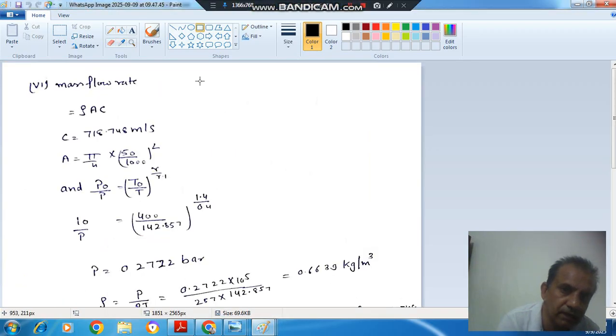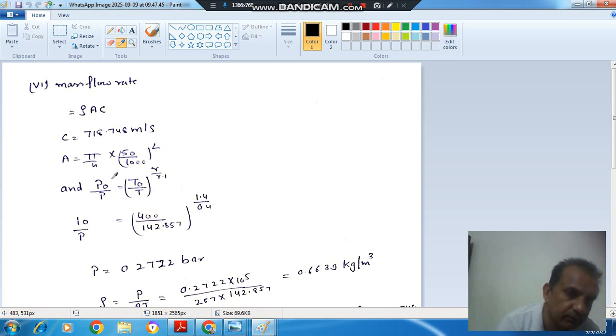Next question is the mass flow rate. To find the mass flow rate we use the formula rho A C. C is known, that we have calculated, 718.748 meter per second. The area of the pipe can be calculated because the diameter is given, that is pi by 4 into 50 by 1000 whole square.